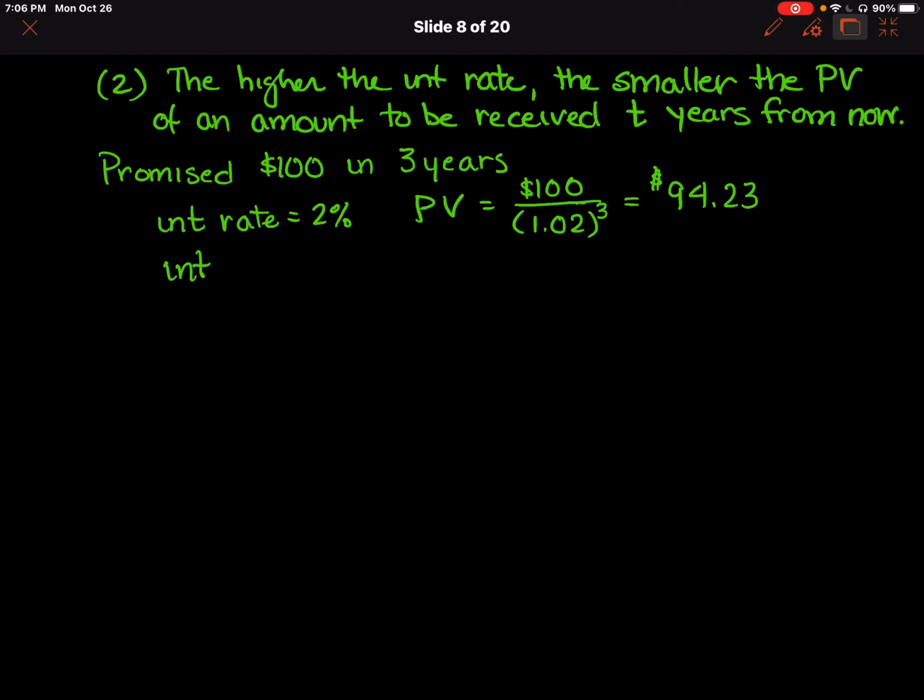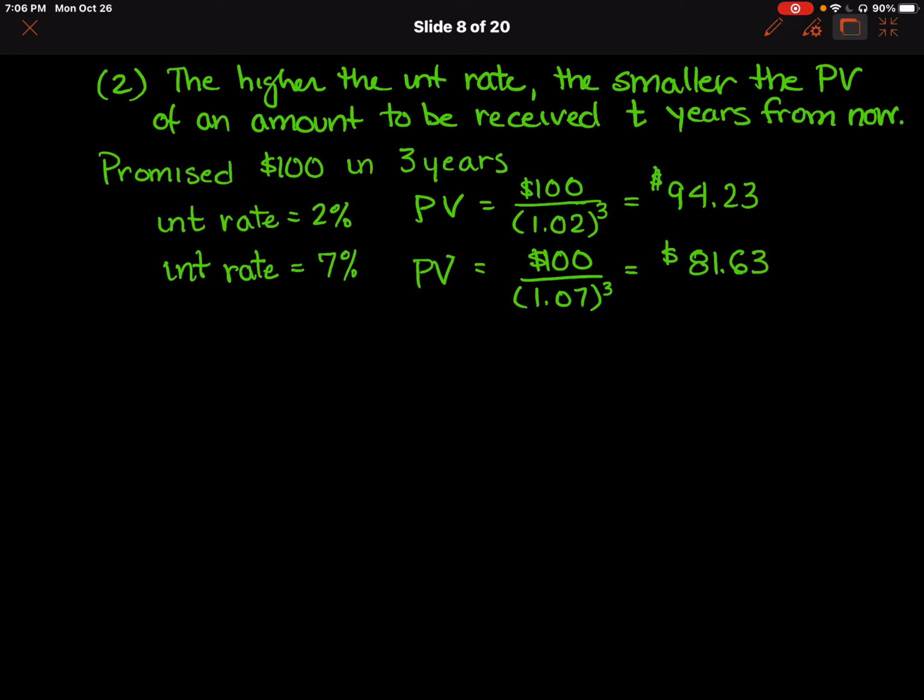If the interest rate was instead 7%, we would see that this is $100 divided by 1.07 raised to the third power, and that gives us numerically $81.63.